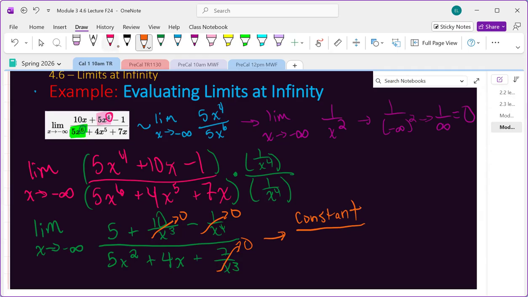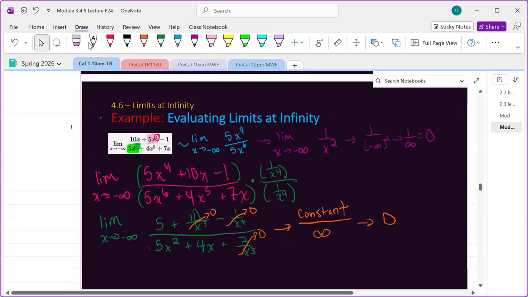The bottom, though, when I plug in negative infinity squared, I get positive infinity times 5. I'm going to overall get infinity. It'll be positive infinity minus a smaller infinity plus 0. Overall, it's an infinity. So we get that same result of 0.